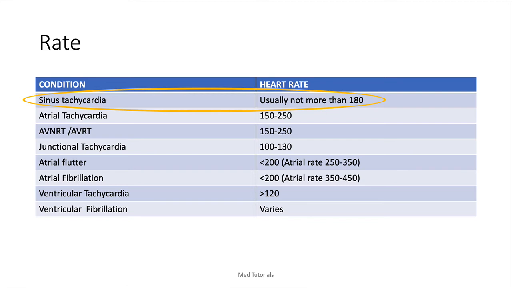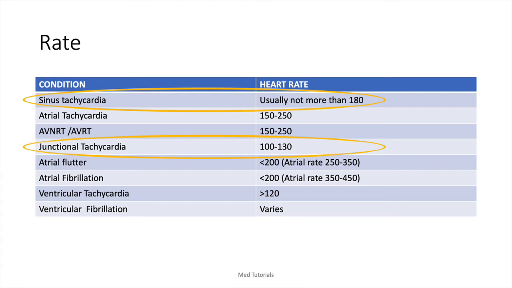So if you have a heart rate more than 180 with P waves and QRS visible, you might be dealing with atrial tachycardia rather than sinus tachycardia. This is more true in elderly individuals, where a heart rate of more than 150 in a resting state might actually be atrial tachycardia.